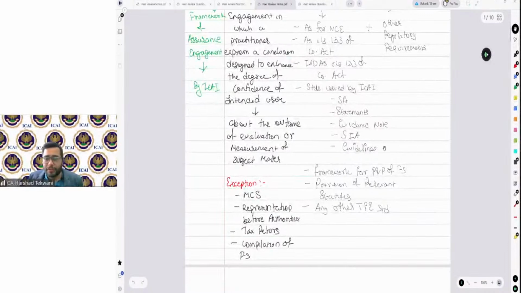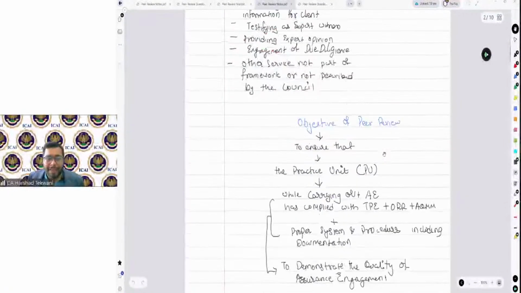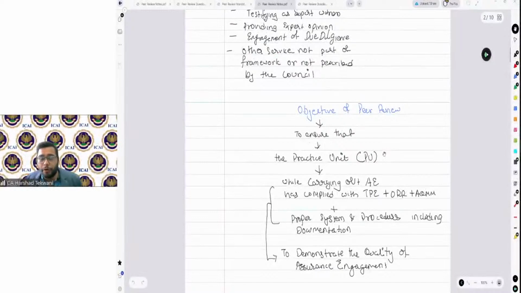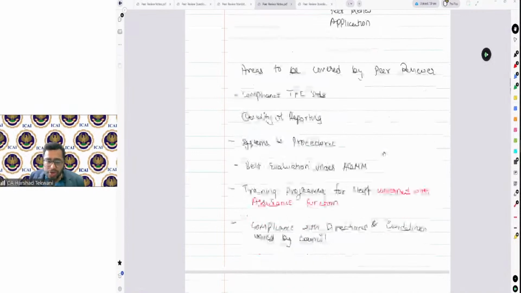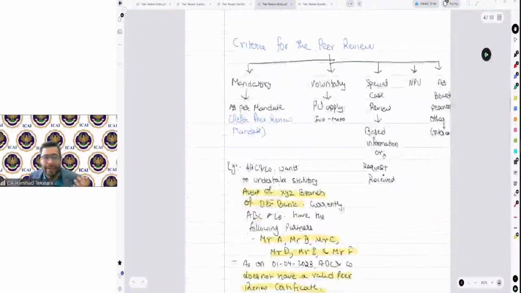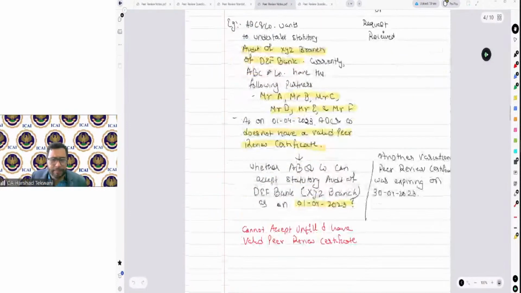What are the definitions of assurance engagement and what is the exception to that? Then we discussed the objective of peer review, practice unit, new unit, then the criteria for peer review. What is peer review mandate? Five cases where peer review is required to be done: one was mandate, second voluntary, special case review, new unit, and as prescribed by the board.